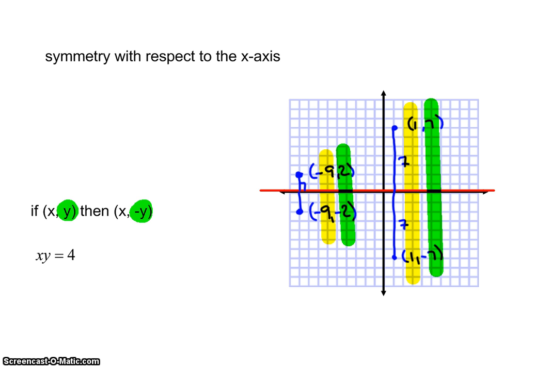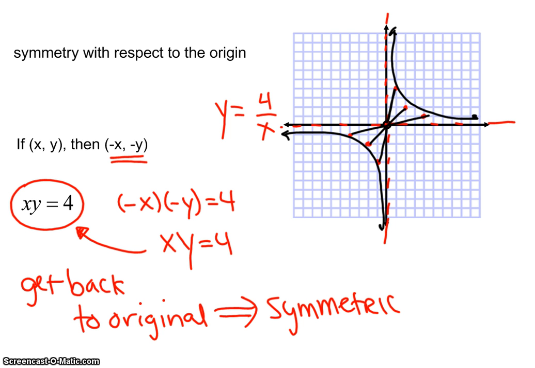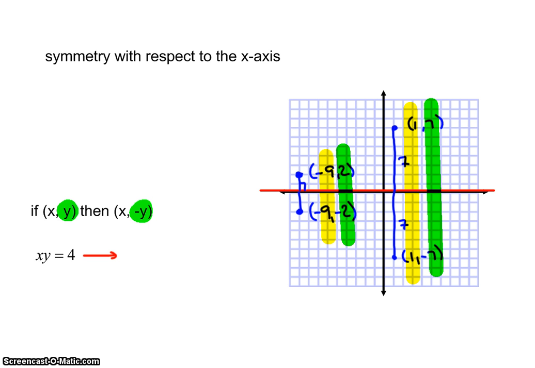So when we do the same idea here, I'm going to take this equation xy equals 4. Now think back to this graph of that function. Obviously you can see that when I have this piece, if it were to be reflected, it should be up there. So we shouldn't have symmetry with respect to the x-axis, but we're going to show it algebraically now because we're not going to always graph these. I'm going to plug in for x, my x, and plug in for y the opposite of y.